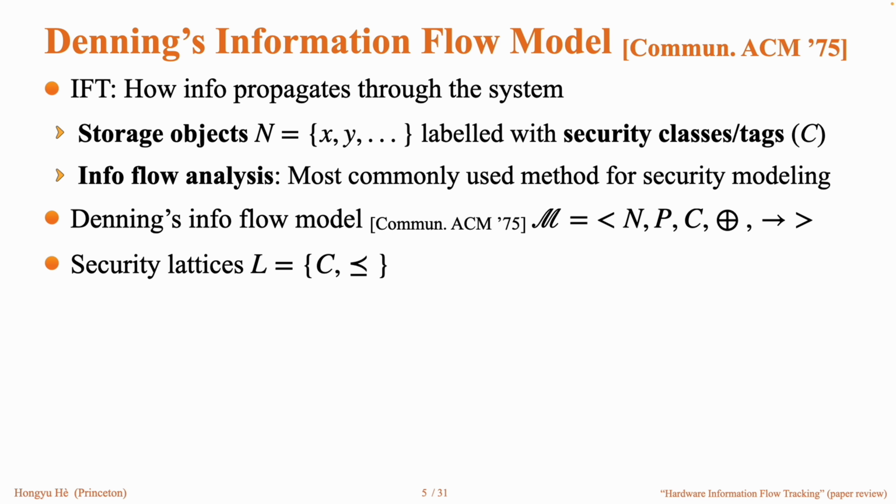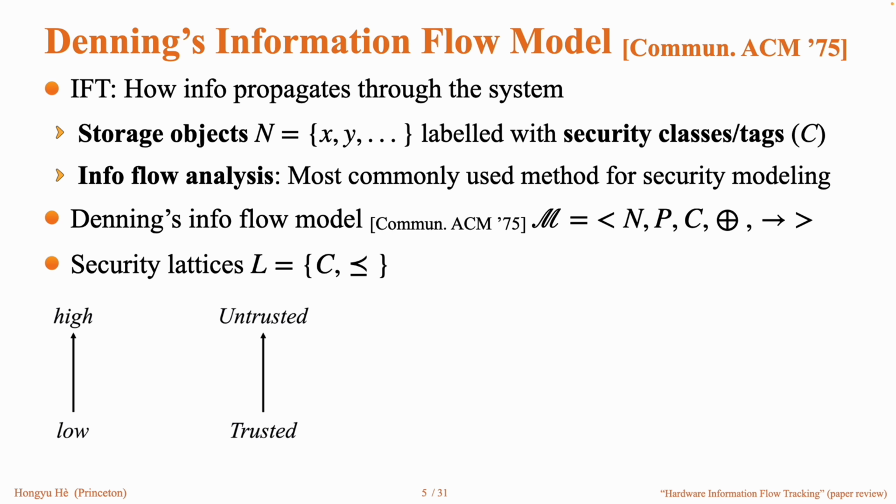So actually, Denning's information model also introduces something called the security lattice. The security lattice consists of a set of objects, classes, and a partial ordering between those classes, right? So this is what I meant by the upper bound and lower bound.